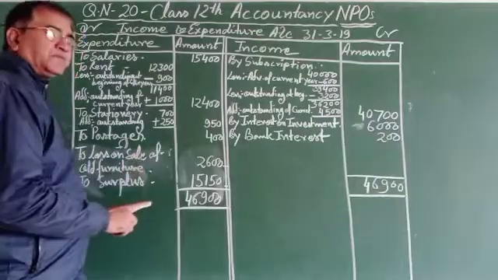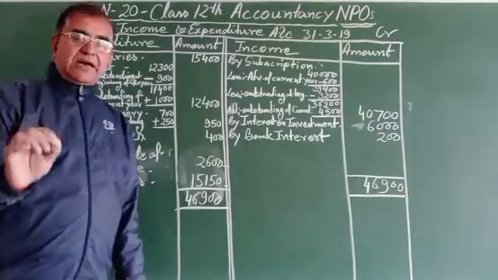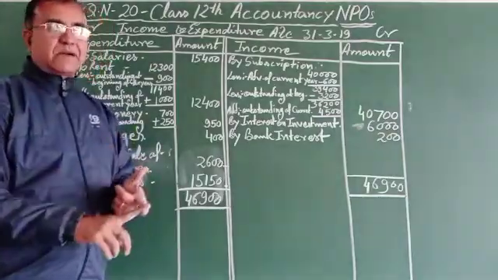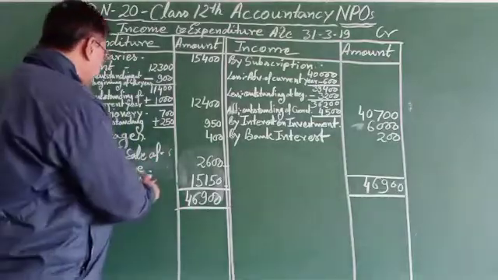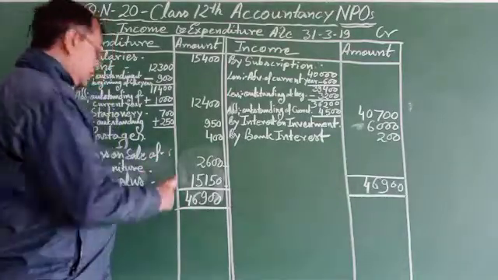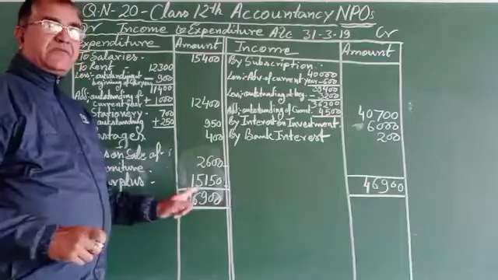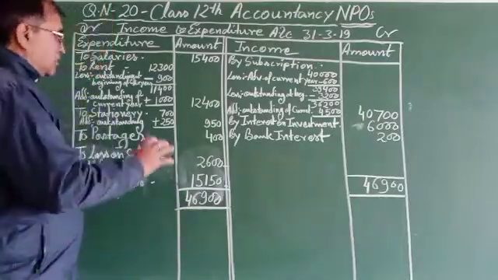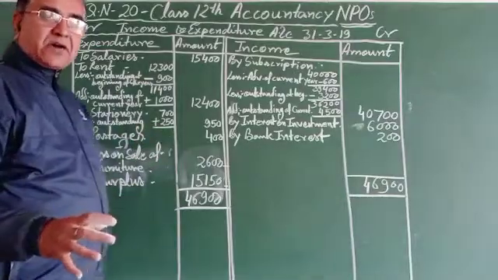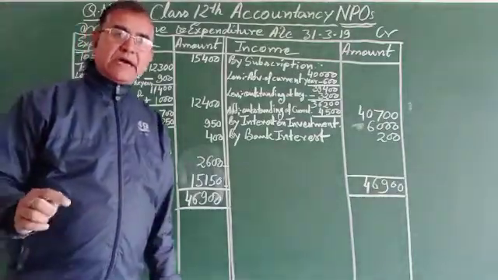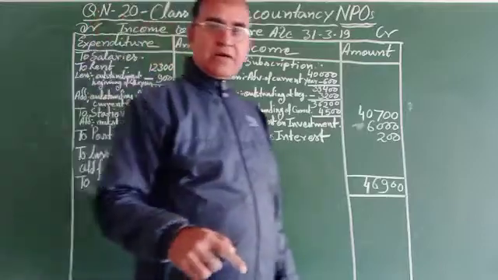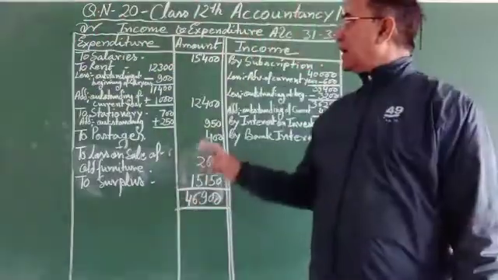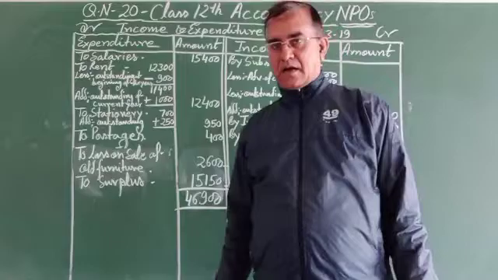That will be the excess of income over expenditure, that is surplus. So we can record this one in surplus column, 15,150, and whatever the additional information given, we have to adjust that one in income and expenditure column.